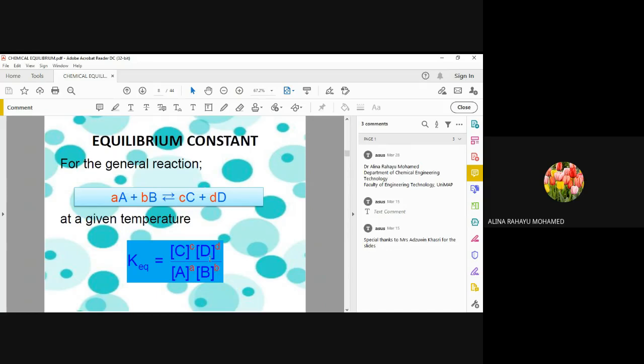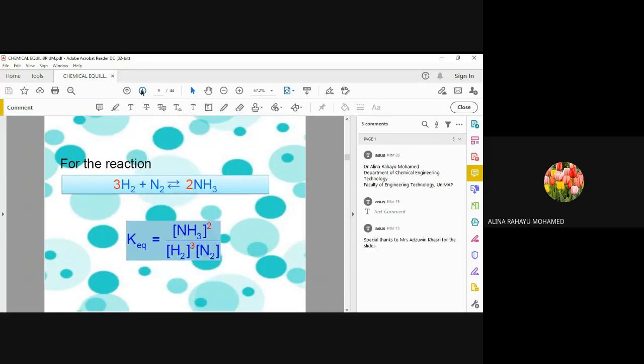So big A, big B, big C, big D are the concentrations of the reactants and products. The numerator, C and D, are the products. The denominator, A and B, are the reactants. And small a, small b, small c, small d are the stoichiometric coefficients, or the number of moles of the reactants and products.